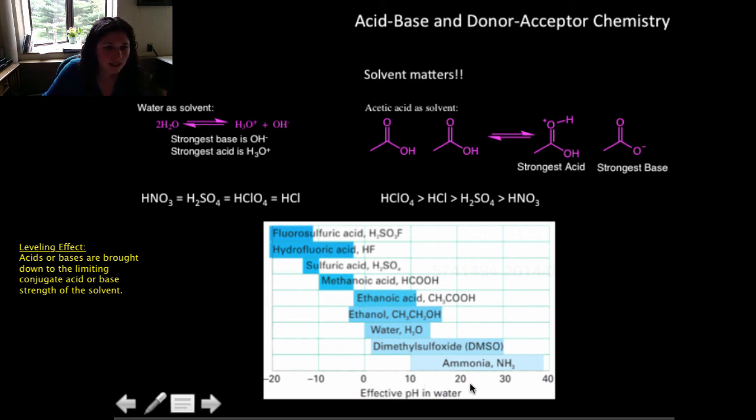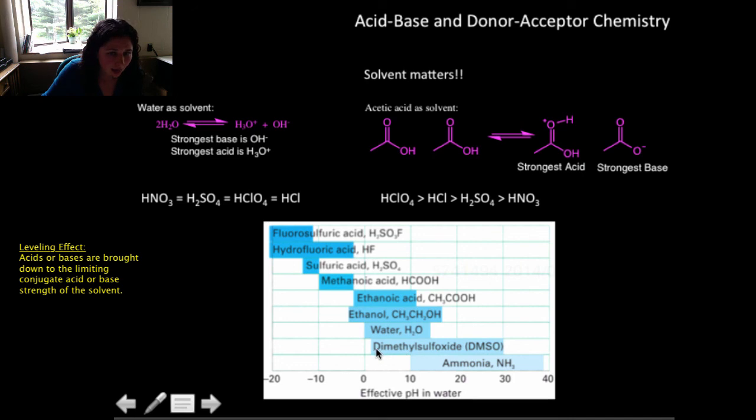Now, this is a chart that shows you the pH ranges for different solvents. If you want to distinguish something that has a pKa somewhere of like -5 and something else that has a pKa of 0, you can't do that in water, but perhaps you could do that in hydrofluoric acid or methanol.